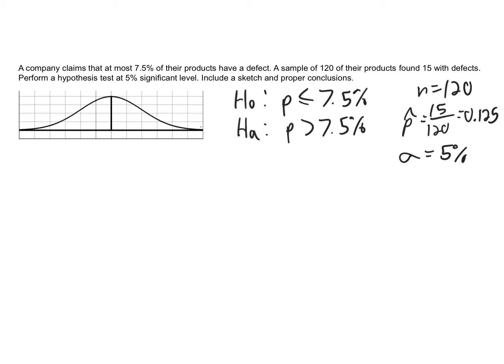Now this is also another one-tail. We have 5% in here, so this is a one-tail, right-tailed test. We can look at 0.95 to give a critical value of z equals 1.645. Now we're going to need our standard error.